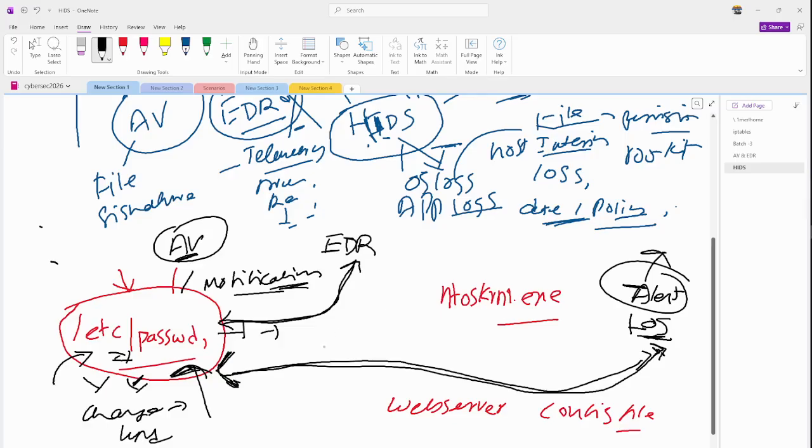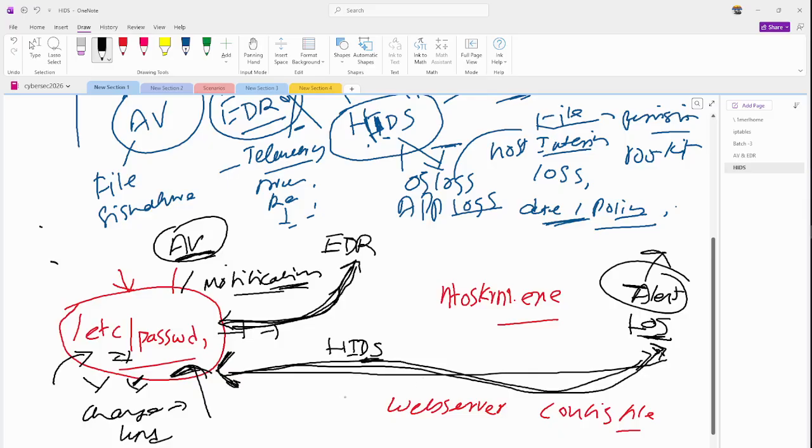That is what HIDS will do. EDR will say this is normal activity, there is nothing suspicious. Antivirus says this is normal operation, nothing to do with a virus. So your HIDS will see that someone is changing the password, and it will alert.